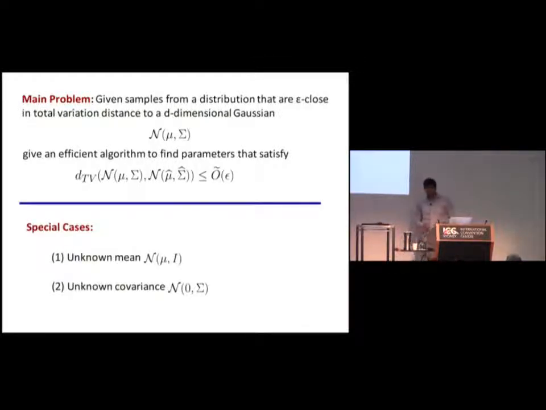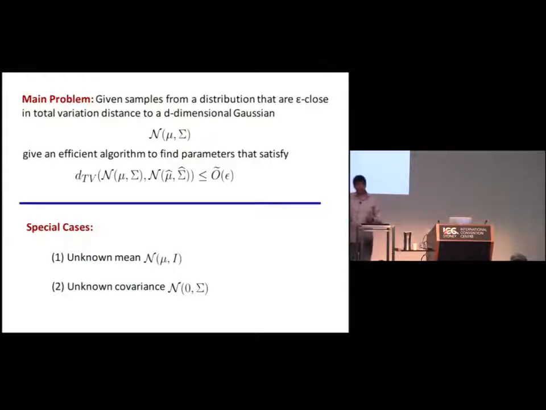And there'll be two special cases that I'll be interested in. One special case, which will be very useful for us, is what if I promise you, for example, that the covariance is the identity? So I promise you that the variance is the same in all directions for this unknown Gaussian, and your only goal is to try and learn the mean.